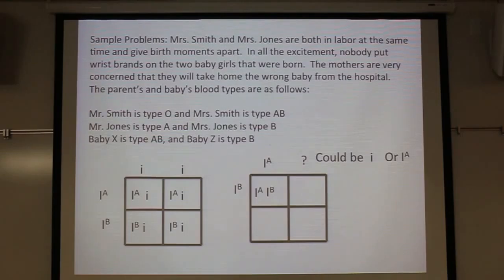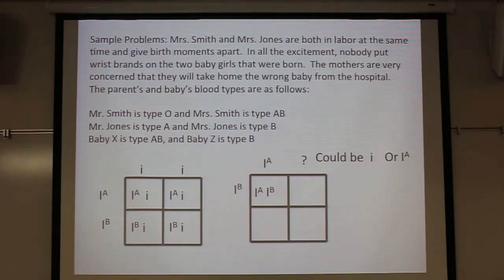But if these are our only choices, and this is what we're left with at the end, what you can kind of figure out is, well, baby Z with blood type B probably must go with Mr. and Mrs. Smith right here. And the reason for that is if you look at baby X, and if those are the only two babies, and these are the only two parents, and it has to be one or the other, these people can't have a baby like baby X, right?